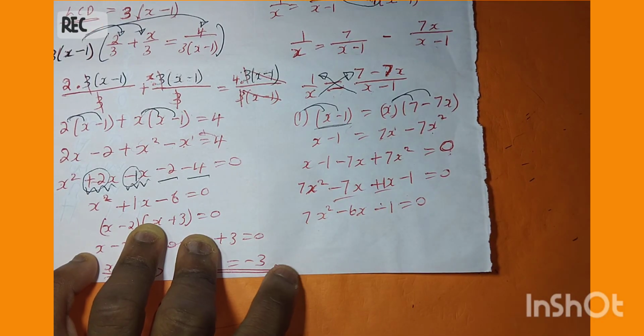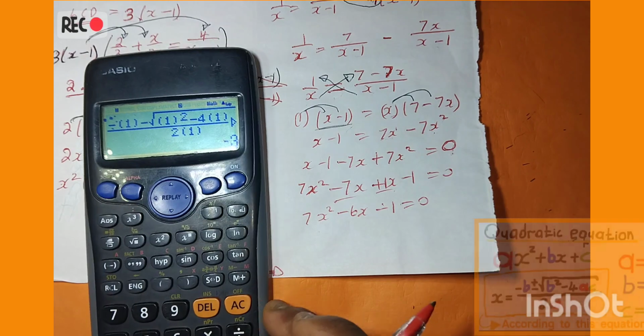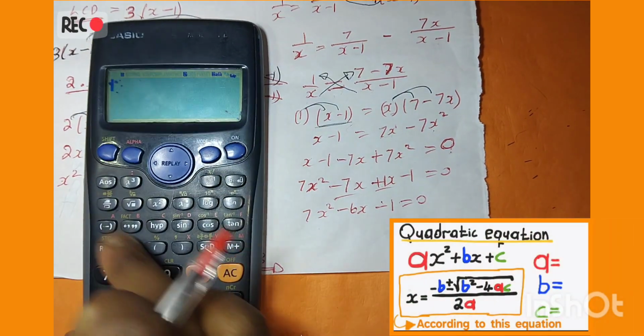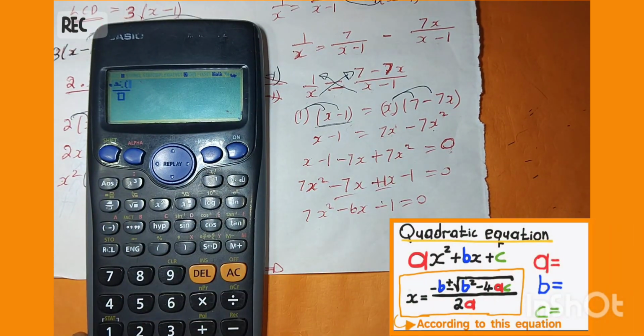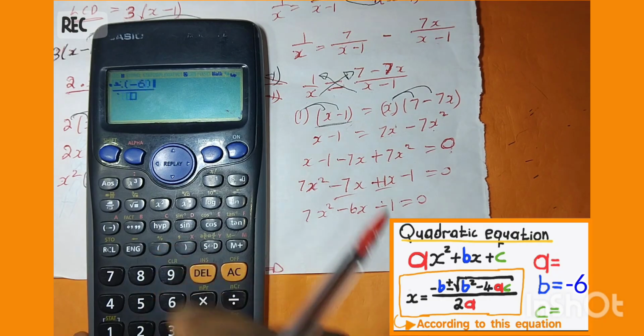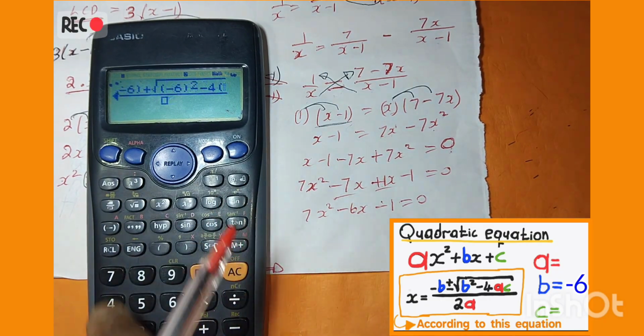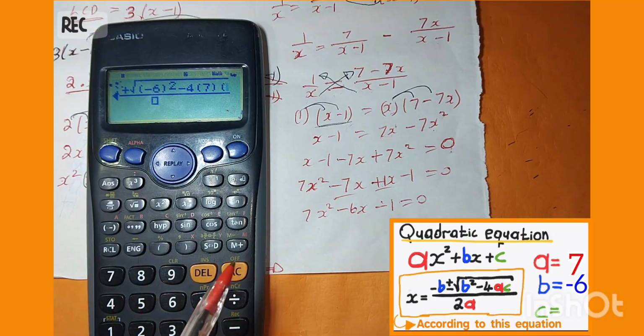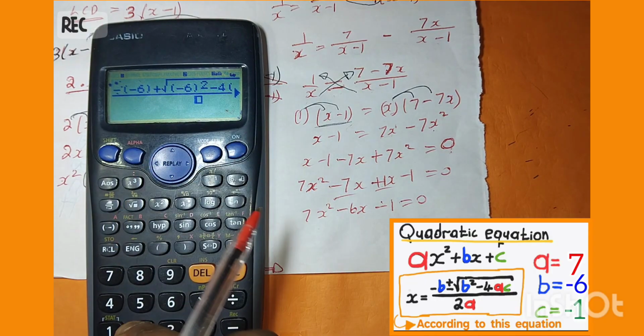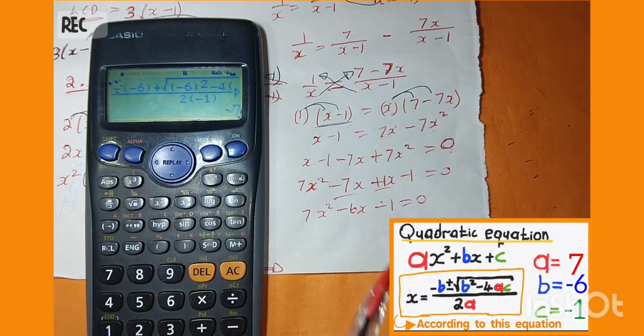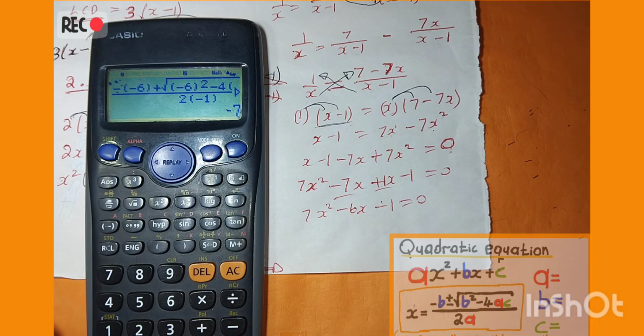Then you use the quadratic equation, guys, to solve this thing there. Let's solve this thing there on the quadratic equation, this is what will happen there. This plus or minus the square root of 2 minus 4 times 7 times minus 1, divided by minus 1. The first answer that you got there is what?